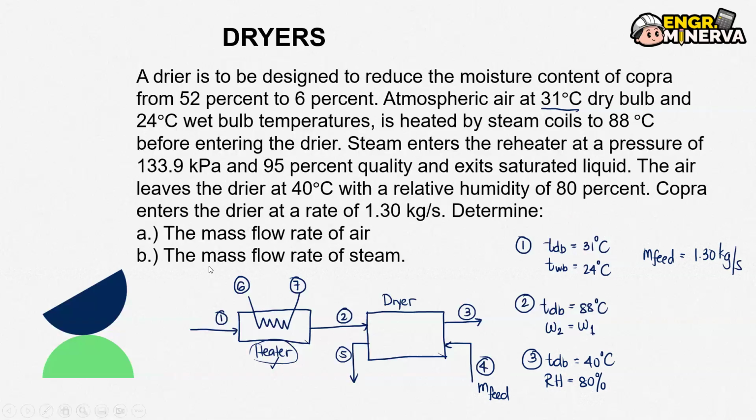So we are to get the mass flow rate of air. So where can we get the mass flow rate of air? We can get that if we do our mass balance on the dryer.